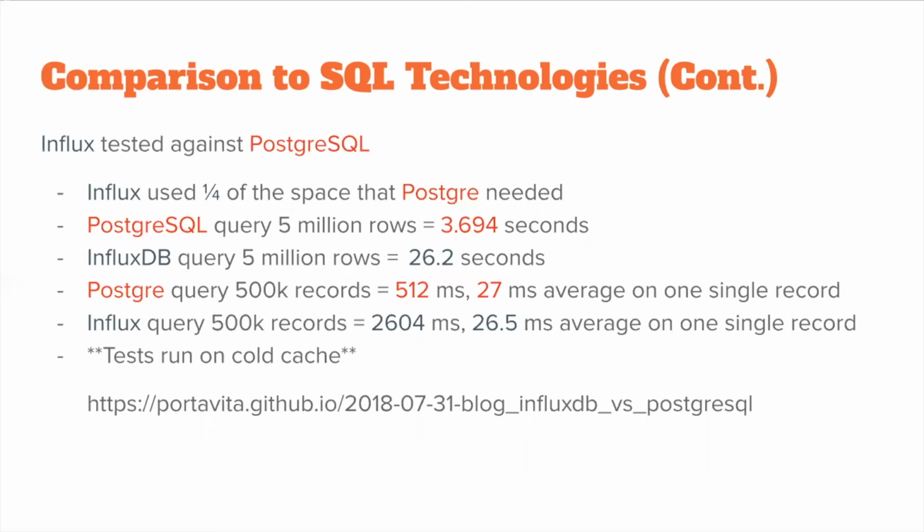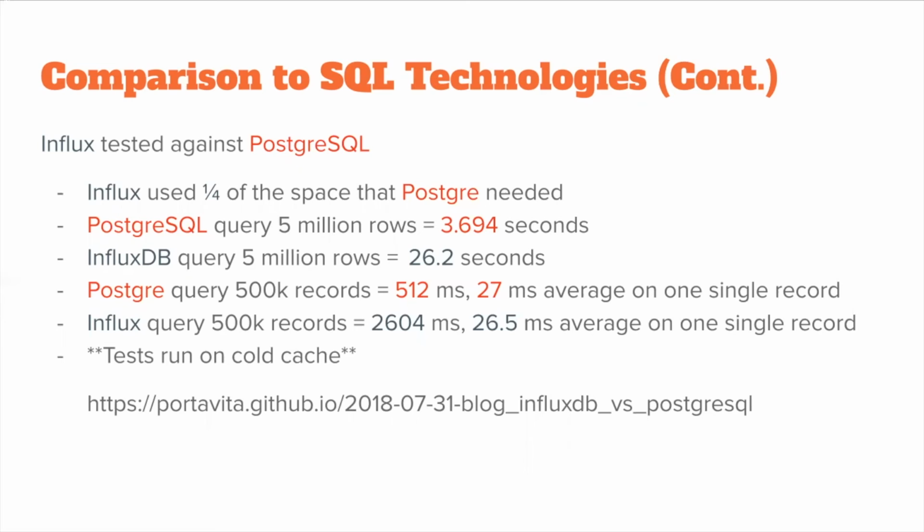So PostgreSQL here on 5 million rows of data, it took 3.694 seconds to query those 5 million rows. And on those same 5 million rows, it took InfluxDB 26.2 seconds, which is a little bit longer, which is actually significantly longer, which is interesting there. They shortened the data set here.